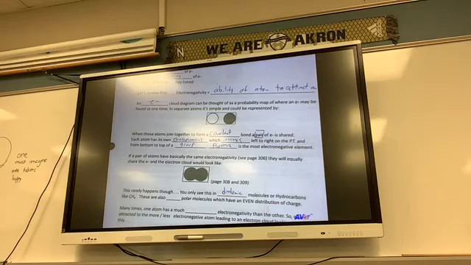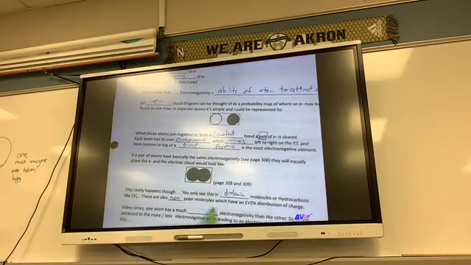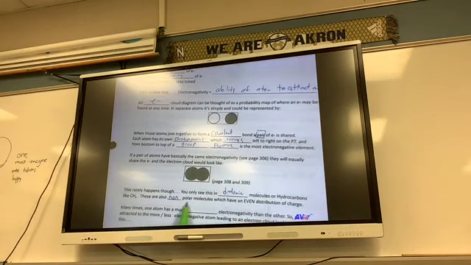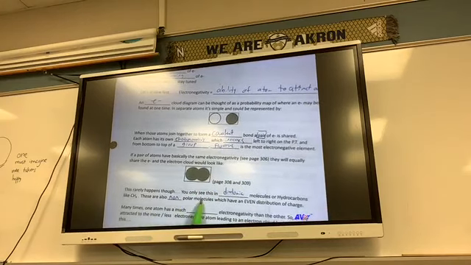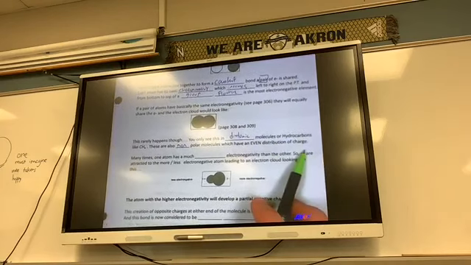I mean, that's not technically a covalent compound. We're going to talk about that in a little bit. These are also non-polar molecules. A non-polar molecule has an even distribution of charge.